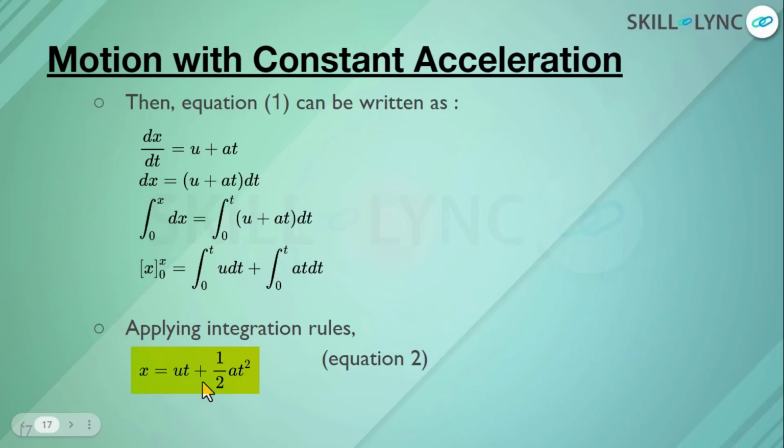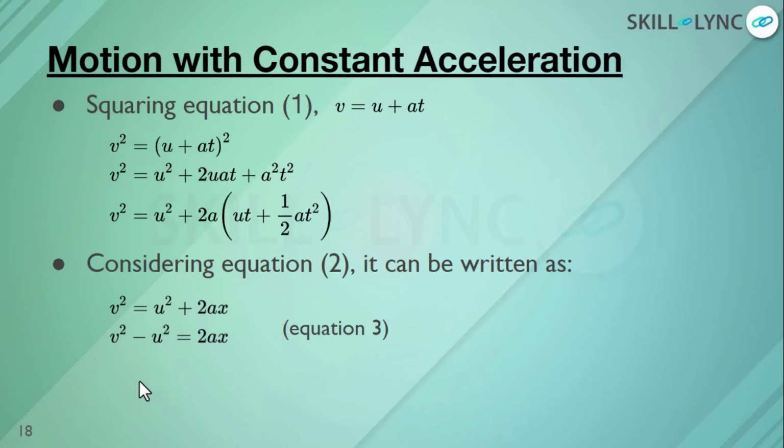Ut plus half at square. Yes, this was equation 2, and ut plus half at square was equal to x. Therefore, putting equation 2 here, we could simplify this complete equation by writing it as v square is equal to u square plus 2ax, or v square minus u square is equal to 2ax. This we can write as equation 3.